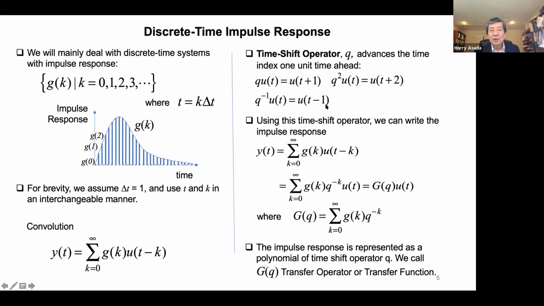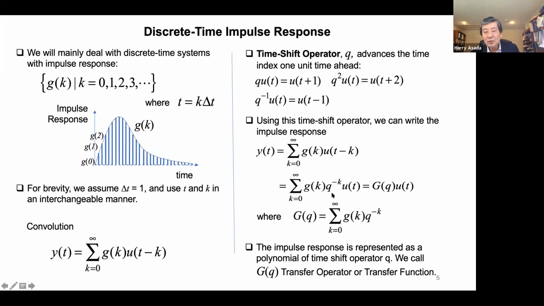Okay, if we use this kind of time shift operator, then this impulse response convolution can be written in this way. Let's look at u(t minus k) using this time shift operator. This can be written as q to the minus k u(t), right? Now, putting this together, factoring out the u(t), the summation k from 0 to infinity, let's replace this with a function of q, G(q).